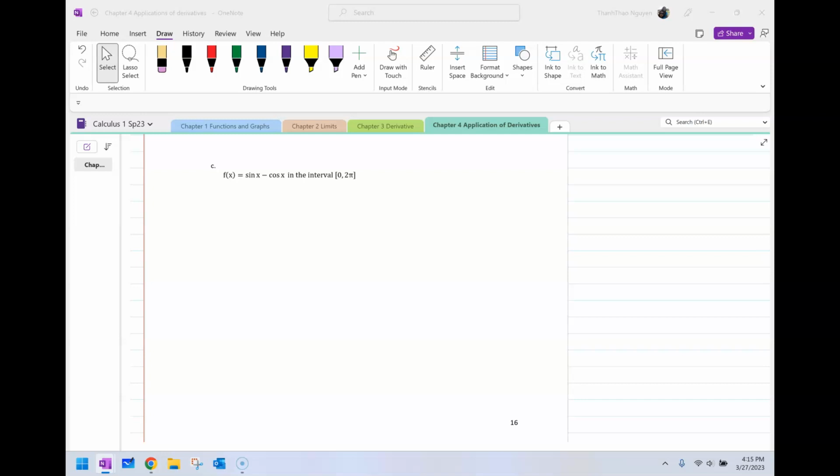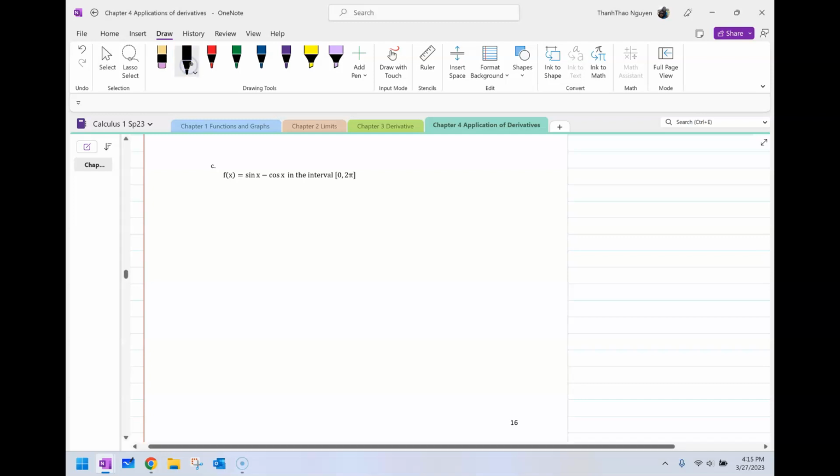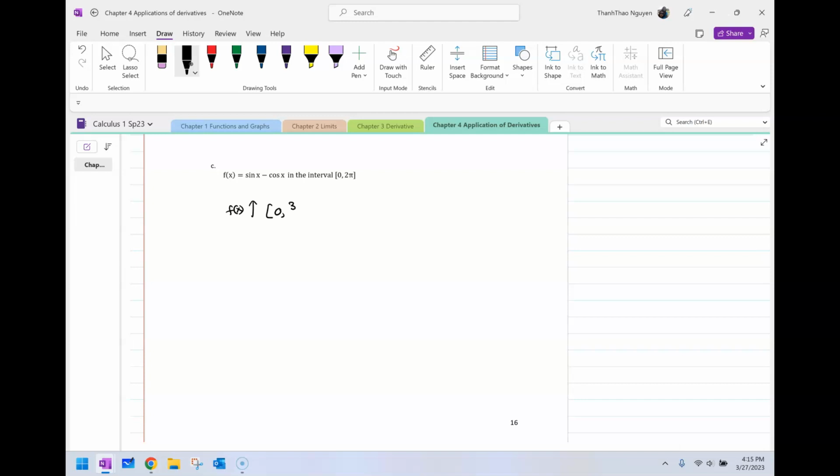However, I will give you the answer here. f(x) is increasing on the interval 0 to 3 pi over 4, union with 7 pi over 4 to 2 pi. f(x) is decreasing on the interval 3 pi over 4 to 7 pi over 4.